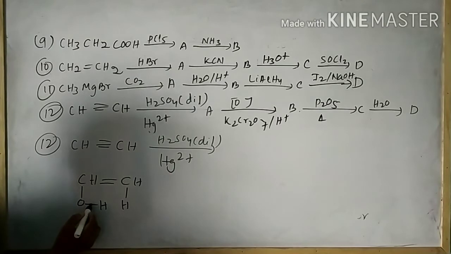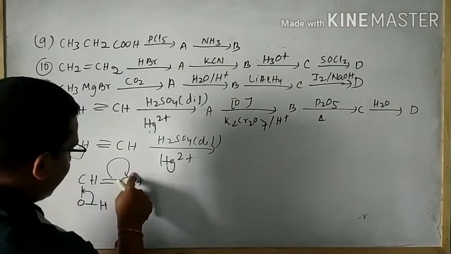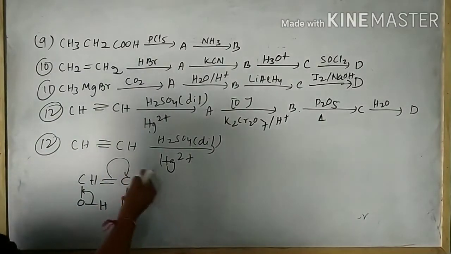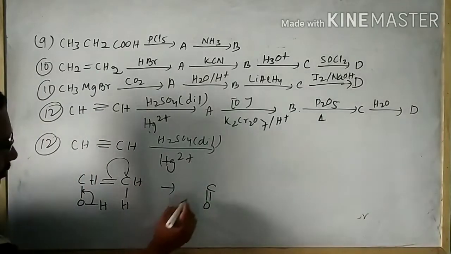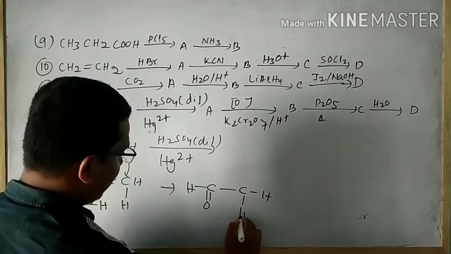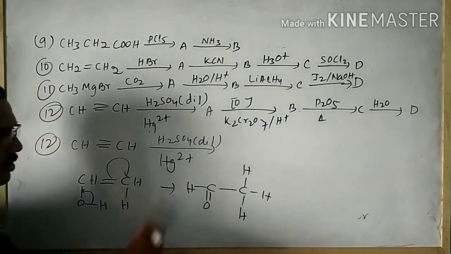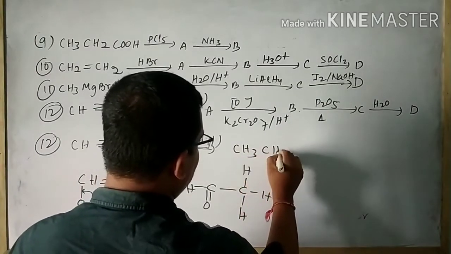It can be possible like this. Form a double bond here and break this. Here a minus charge will be formed and this H plus will be attached here. That means C=O, H, CH3. That is said to be acetaldehyde, CH3CHO.